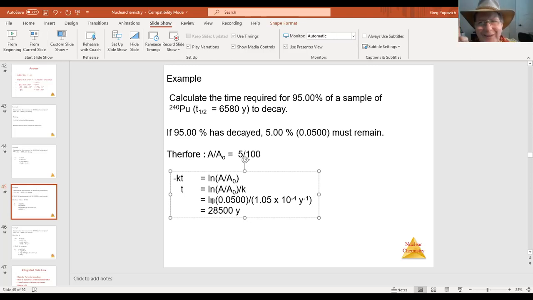Now 4 half-lives? 6.25%. Is that approximately 95% decayed? Yes. Now I've said 4 half-lives, right? I divide 6580 into 28,500. Isn't that about 4 plus change? So is this a reasonable number? Yes.